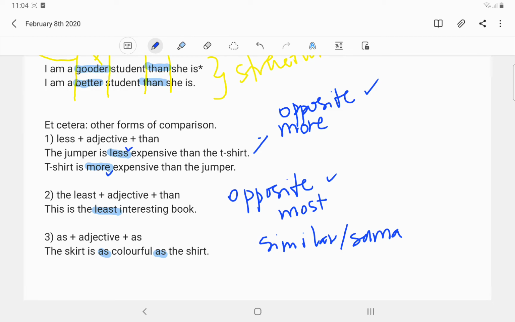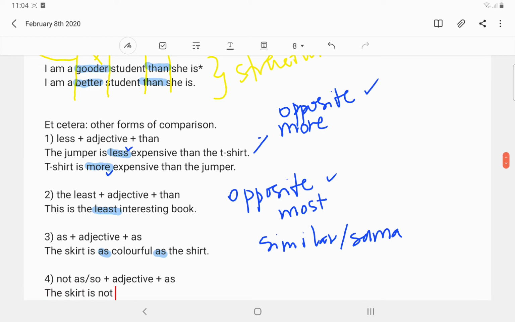Okay, seterusnya moving on. I'm so tired already. Number 4. Number 4 is not as ataupun so, not as ataupun not so. Kita campur dengan adjectives and also as. For instance, kita ambil ayat sama. The skirt is not as colourful as the t-shirt.